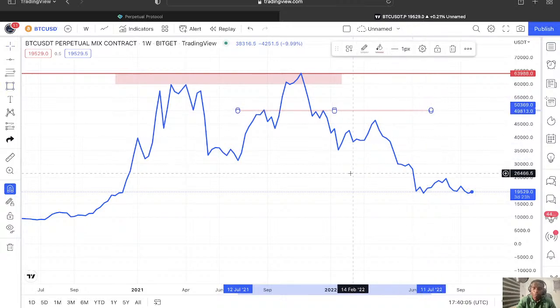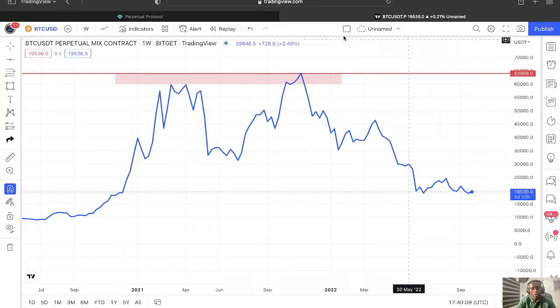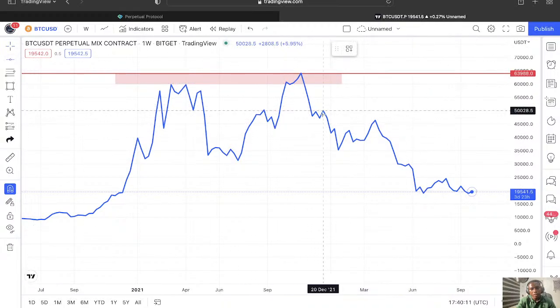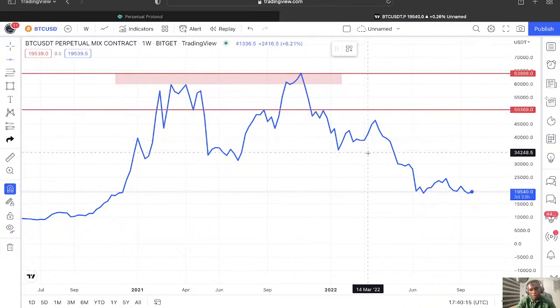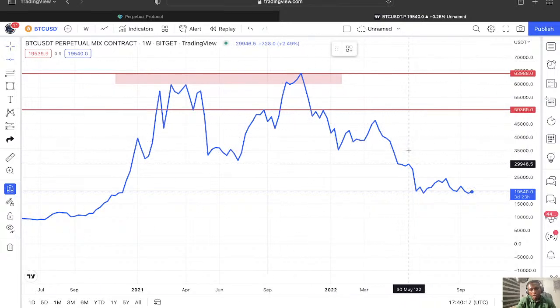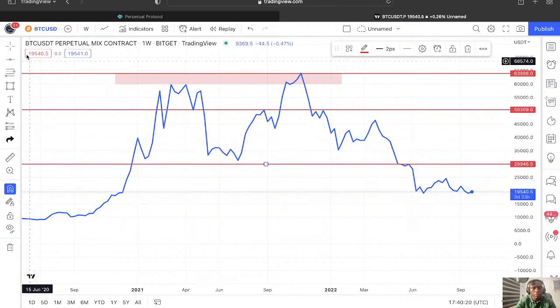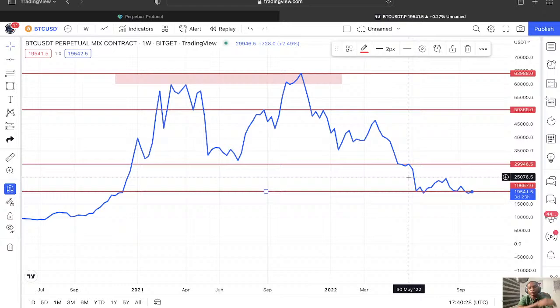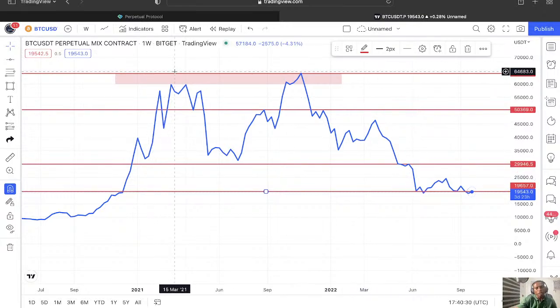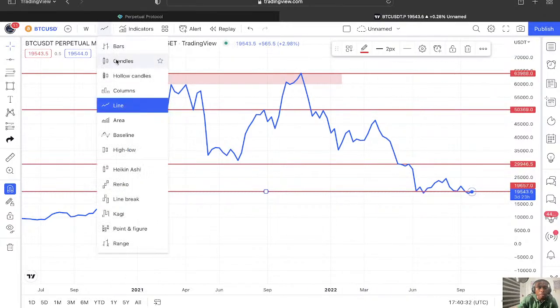All right, and let me just delete this and represent it with lines. So here as well we have another resistance, and here we have another resistance. So let's change back from line chart to candlestick chart.